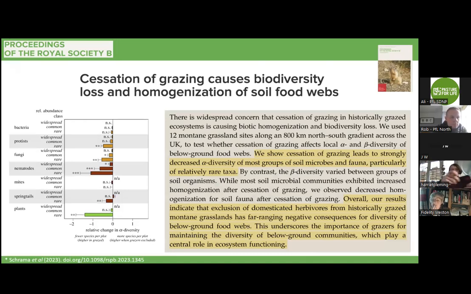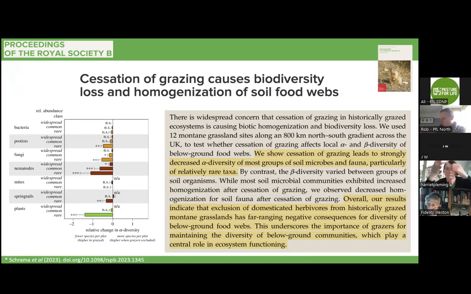Here we have a very recent study just from earlier this year from the UK. Here we're looking at the cessation, the stopping of grazing, causing biodiversity loss amongst below ground soil food webs. So here they showed that cessation of grazing led to strongly decreased alpha diversity of most groups of the soil microbes and some of the soil fauna, particularly among some of the rare taxa.